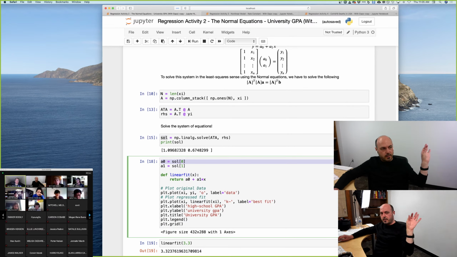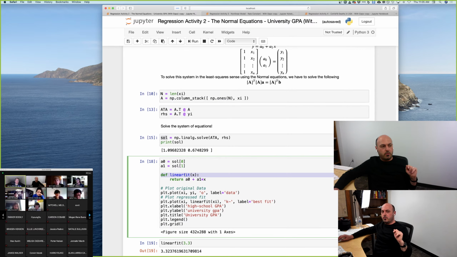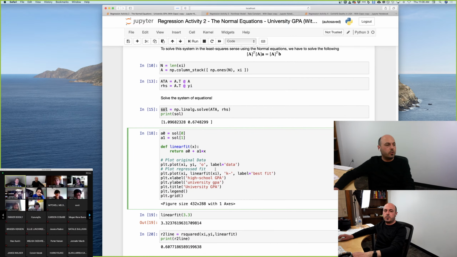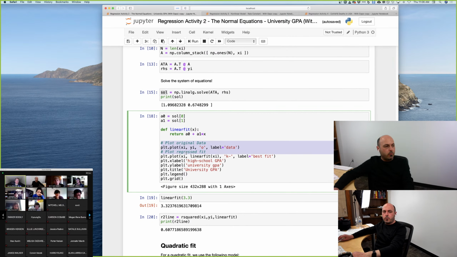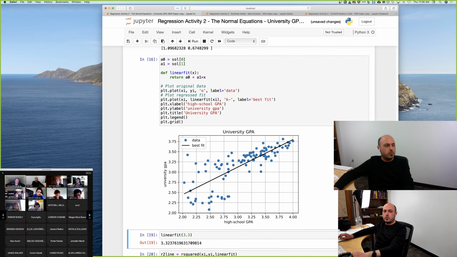So solution is an array of two values, A0 and A1. The first entry in solution is A0. The second entry is A1. And then I define my model as a linear fit. I call it linear fit, A0 plus A1x, so that I'm able to make a prediction, okay? And then we plot the original data and plot the linear fit as well, and this is what we get.